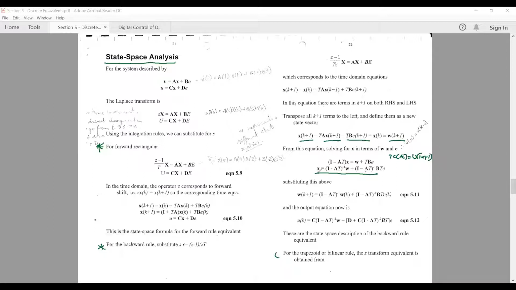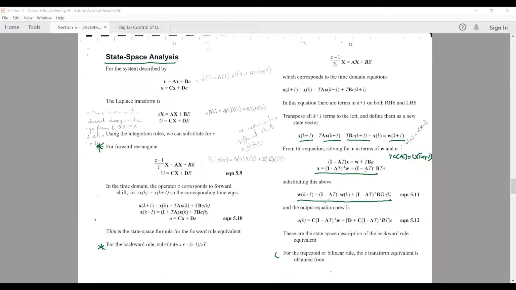So basically we can say w of k plus 1 is equal to x of k. So x of k is this: (I minus tA) inverse times w of k plus (I minus tA) inverse times B times t times e of k. So we got this.